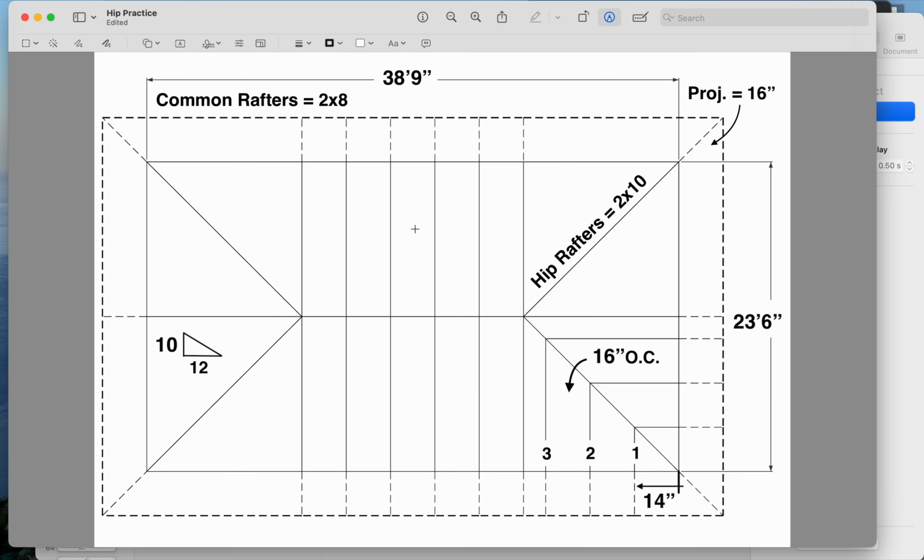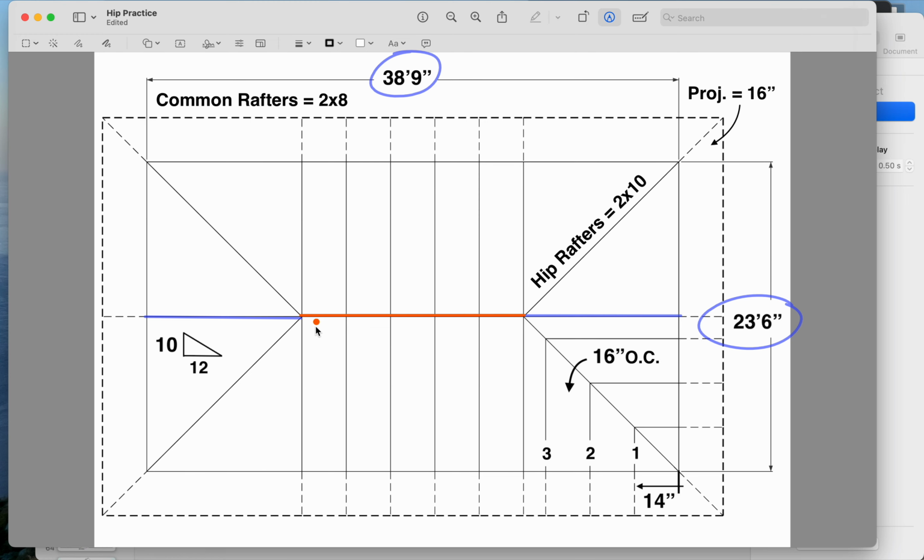Okay, so the length of the building is 38'9" and the width of the building is 23'6". Well, if we look, we have a common rafter here on the end of the roof, and we have a common rafter here on the other end of the roof. So the reason why we take the length minus the width is because we have our hip ridge, which runs from here to here.